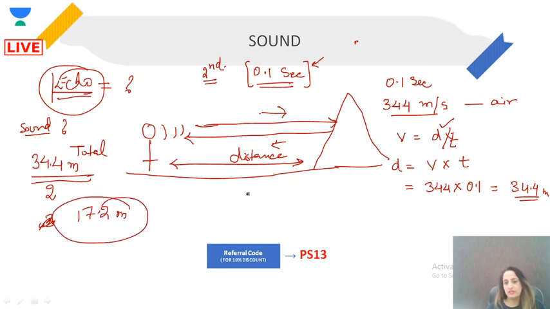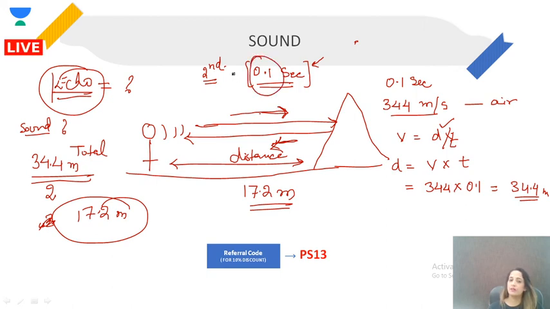This mountain has to be 17.2 meters away from us so that the sound wave goes in this direction for 17.2 meters and then comes back within 0.1 second, and we will be able to hear the second sound. So this was quickly about how we hear echoes. Right, now let's go on to the last topic of today's lecture, and that is the structure of the ear.